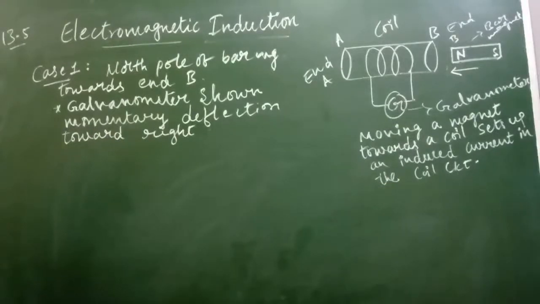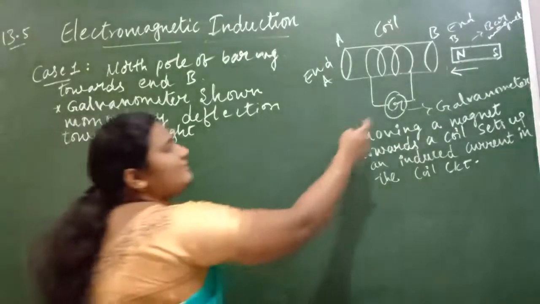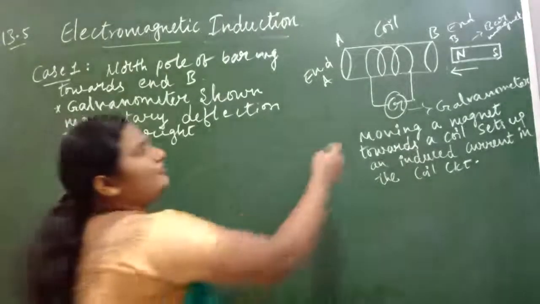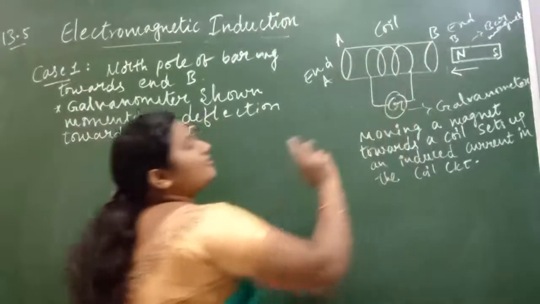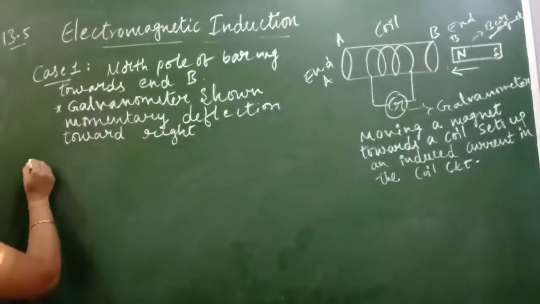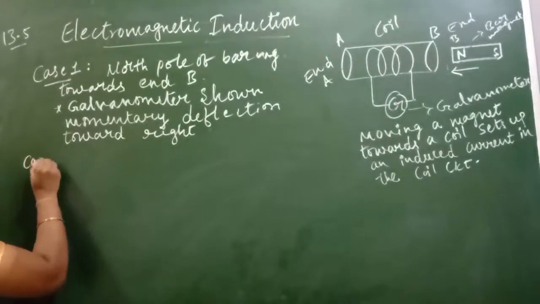So here, why is it deflected, children? Our question is, why is it deflected? The function of a galvanometer is to detect an electric current. So it is clear with its deflection that there is a generation of an electric current here. Isn't it? Okay, next we will continue to step number 2.